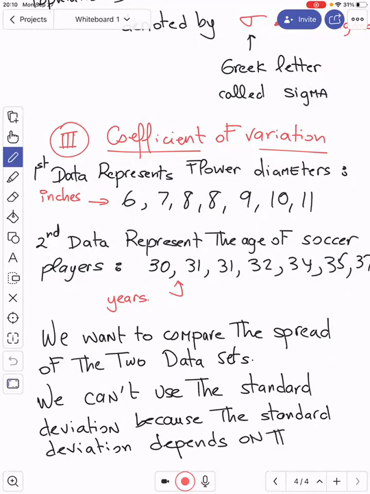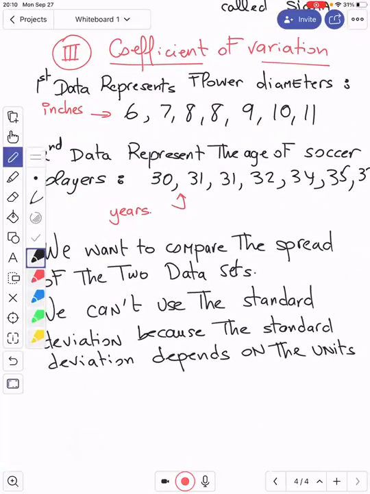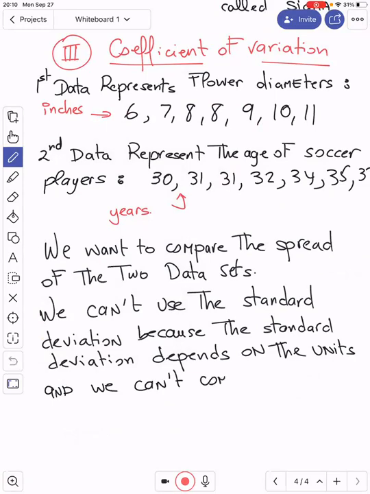Two different units cannot be compared. You cannot compare kilograms to inches, or years to inches, etc.